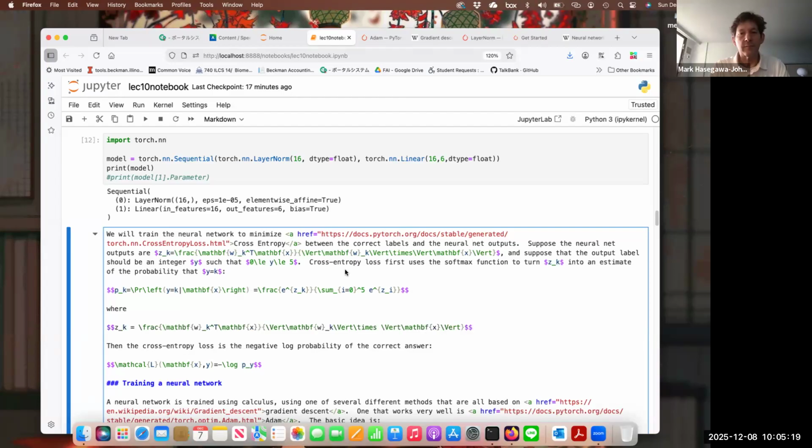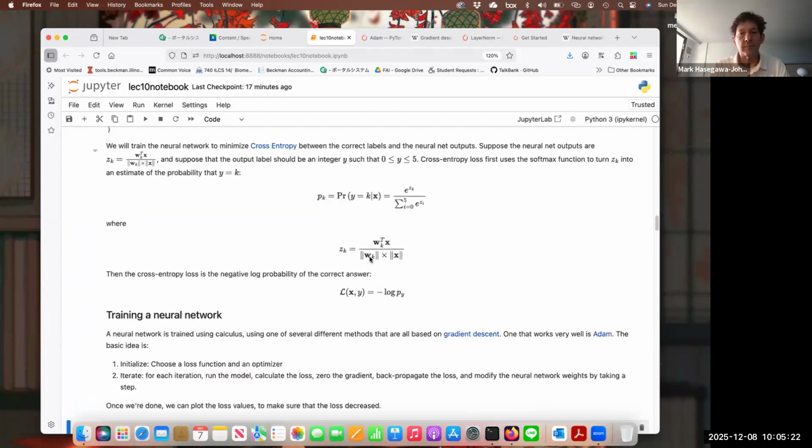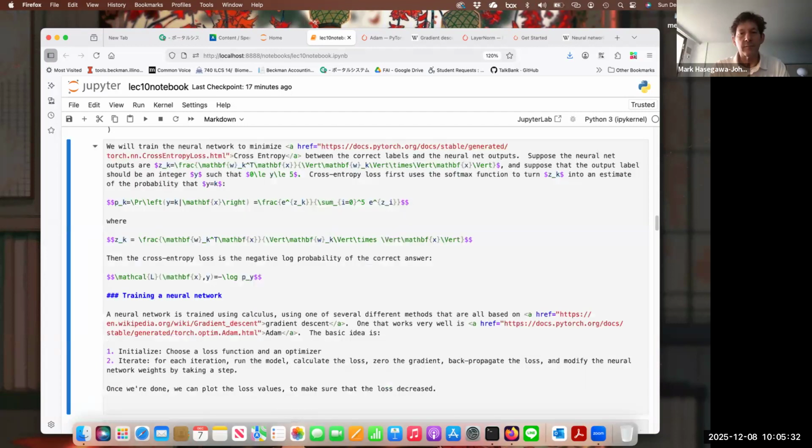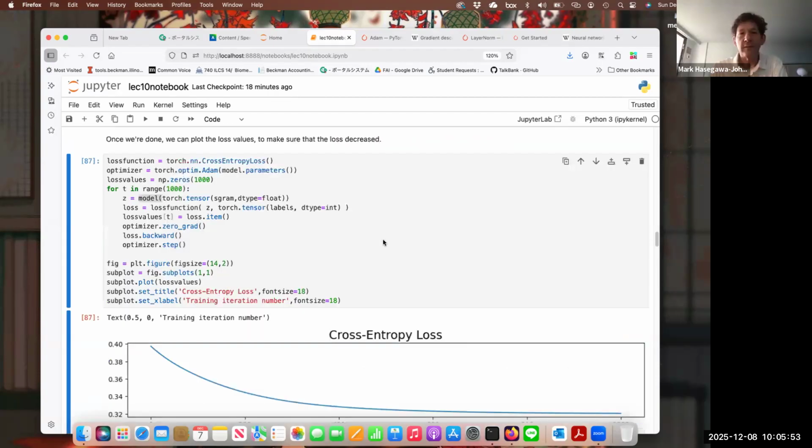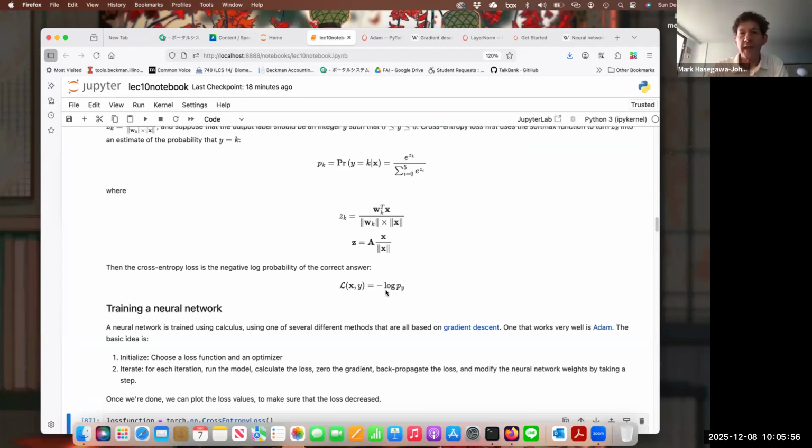Right, so z sub k is W_k transpose x times W_k dot multiplied by x. That's the same thing as saying that the vector z is equal to the matrix A multiplied by the vector x divided by the length of the vector x.